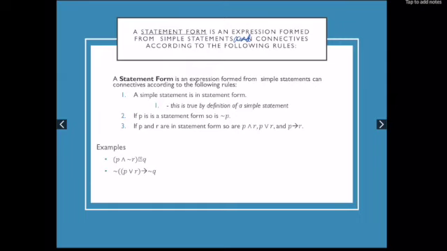So here are some examples. This question mark here, I don't know what that was supposed to be. I think it's supposed to be an arrow. So just ignore this half. Okay, so these are examples of statement forms. And we're going to use something called propositional calculus in order to find the truth values of these statement forms.